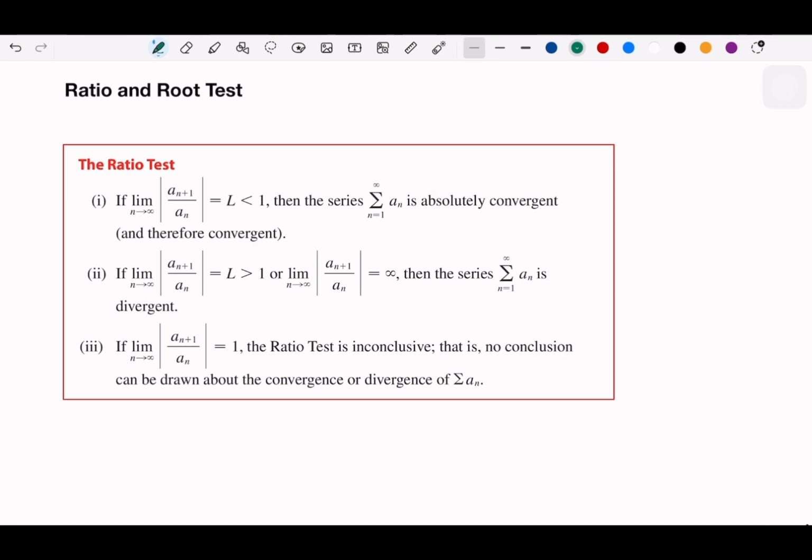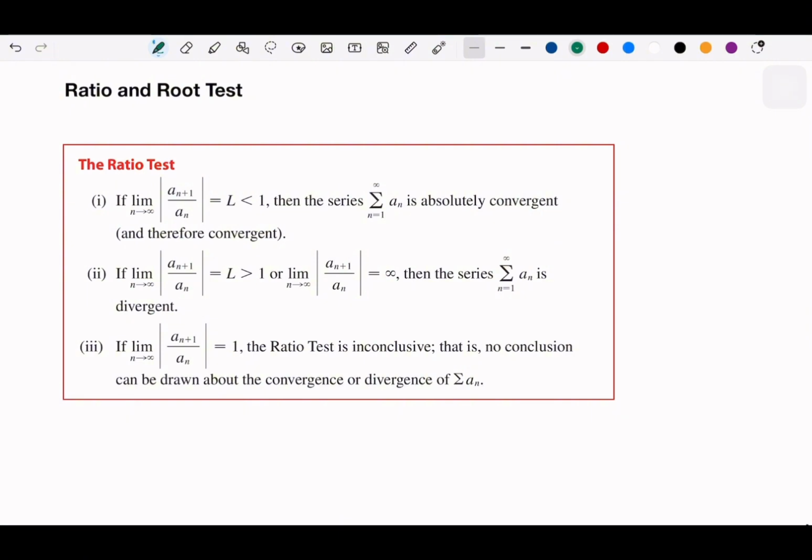So we compare that in the ratio system like this, and it will result in some finite number, which can be less than 1, greater than 1, or equal to 1. If this is less than 1, then it will be absolutely convergent. If it is greater than 1, this will be divergent. If it is equal to 1, then we need to check with another method. So it's inconclusive.